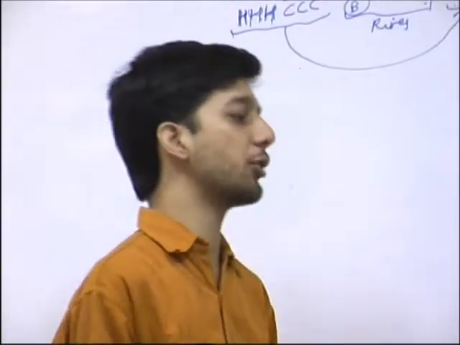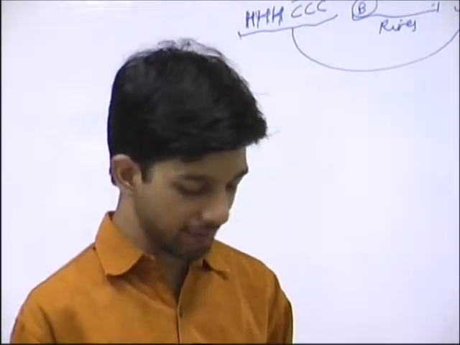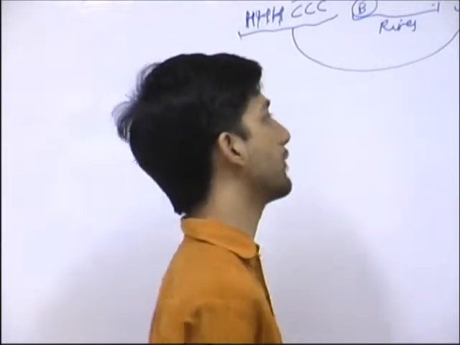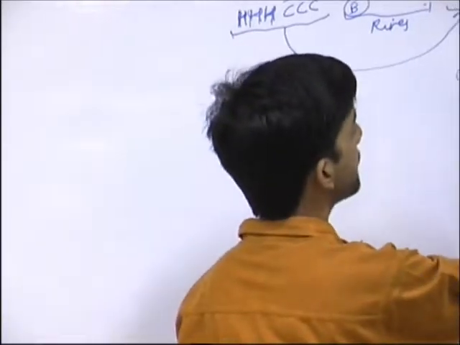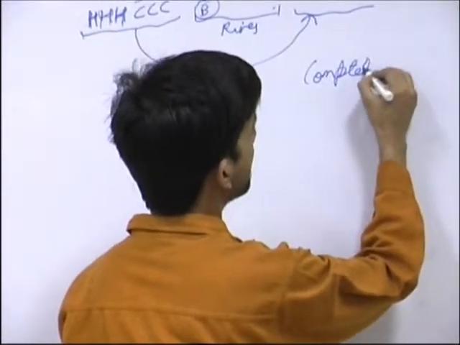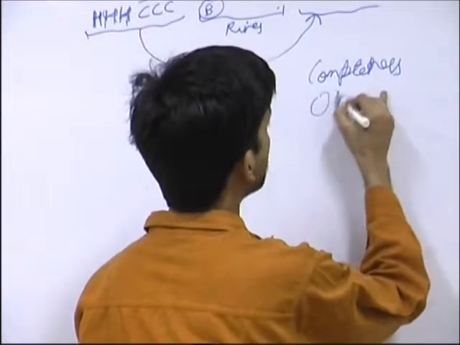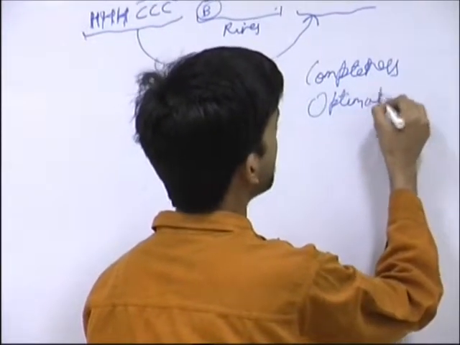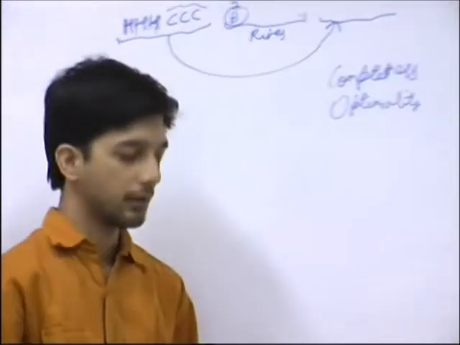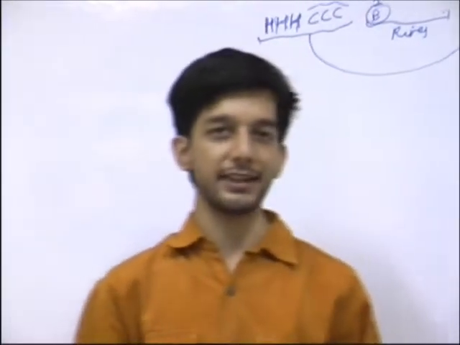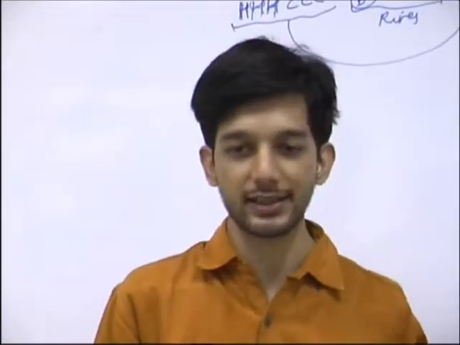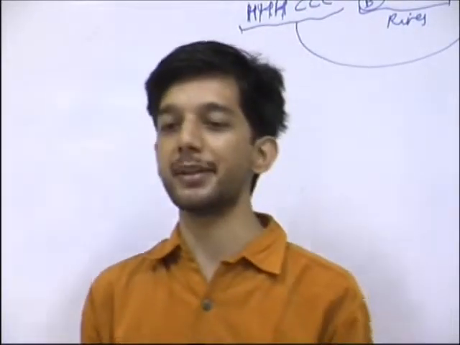Now remember, whenever we talk about something known as graph search, there are 2 important things that you always need to consider. One is known as the problem of completeness, and the other is known as the problem of optimality. Completeness says that if a solution exists, it will be returned by the algorithm.